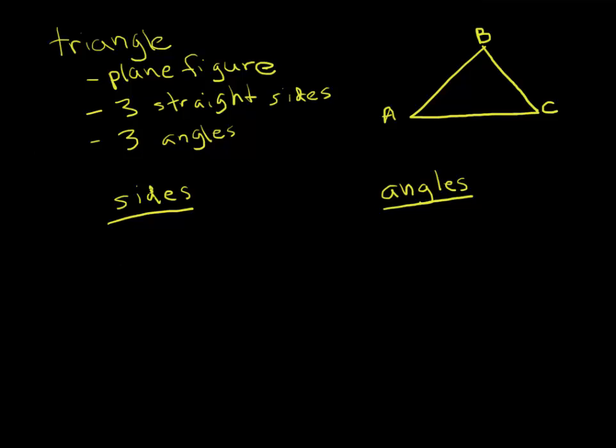When you classify a triangle by its sides, you can refer to it as equilateral, isosceles, or scalene.